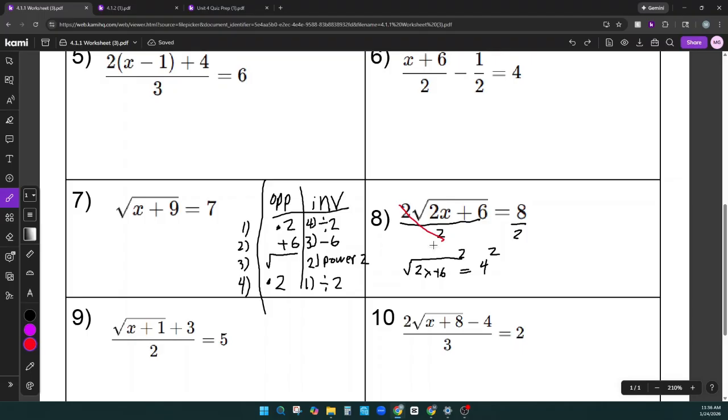The whole reason I made my inverse operations list is so that I know how to cancel. So all I'm doing on the left-hand side is canceling. So you're not going to actually square out this whole side and write it as a parentheses and then multiply it out. All you're doing is recognizing that a square root and a power of 2 are opposites, so they are going to cancel, meaning that I'm left with 2x plus 6.